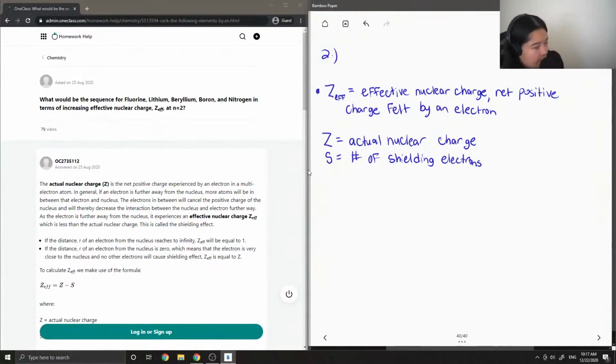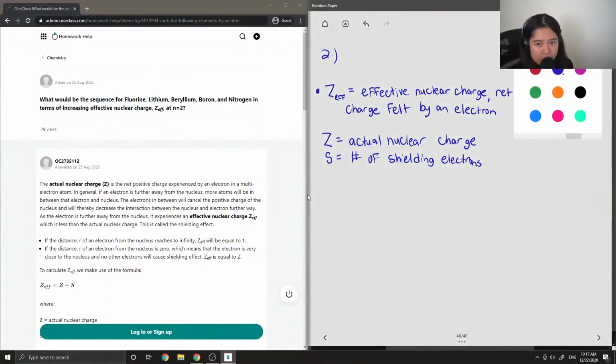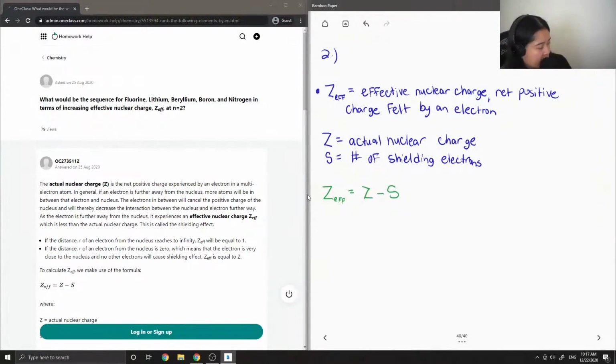Okay, so the reason I wrote down all of these different definitions is because we'll be looking at how to calculate the effective nuclear charge. So it's simply the equation Zeff is equal to Z minus S. So if we know the actual nuclear charge and we know the number of shielding electrons, then we can calculate Zeff.